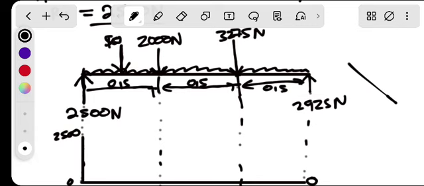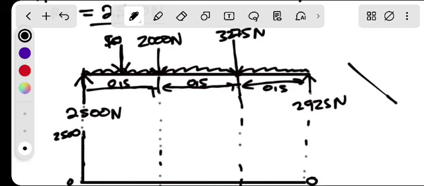Then remember, between the distributed, if you still remember your beams, so 2,500 minus 50. You slide for this distance, we go over there. This is what we have there. Now we go to 2000, somewhere here.